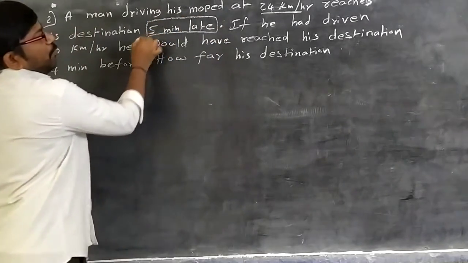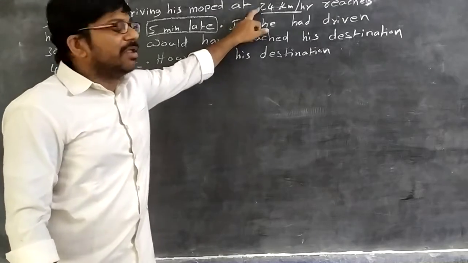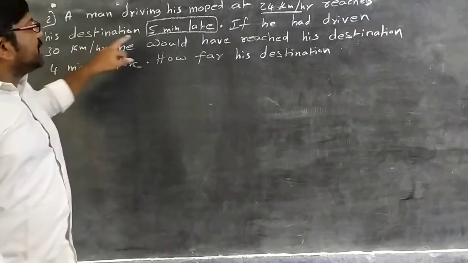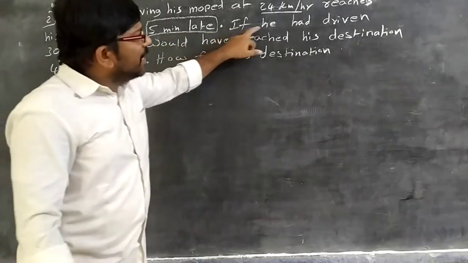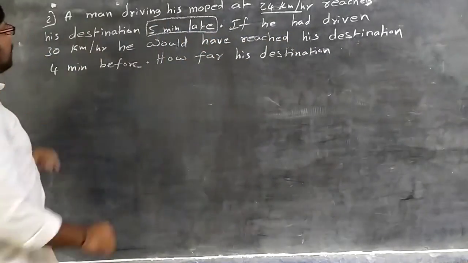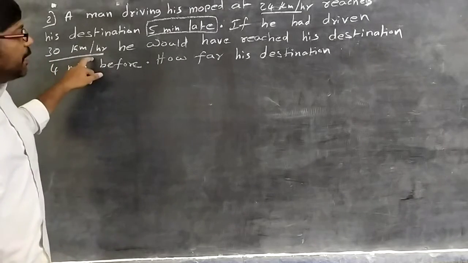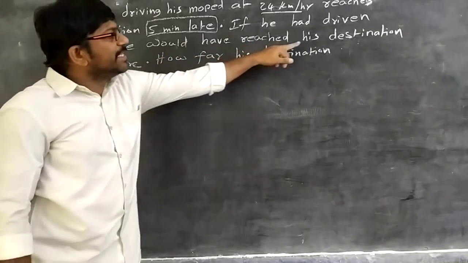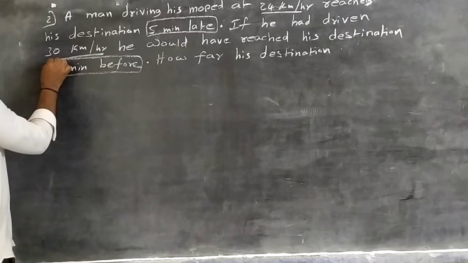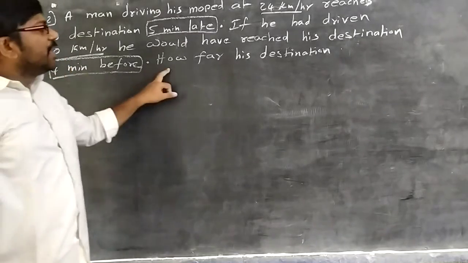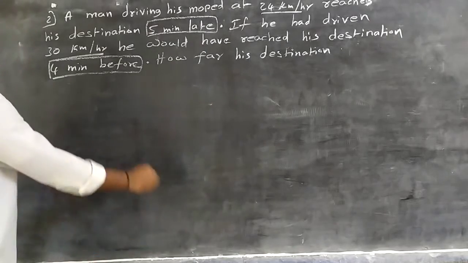If he travels at a speed of 30 km per hour, he would reach his destination 4 minutes before. Then how far is the destination? Destination means distance.